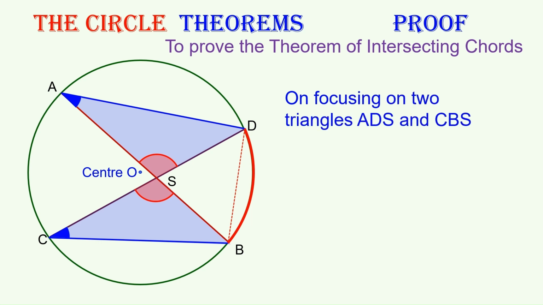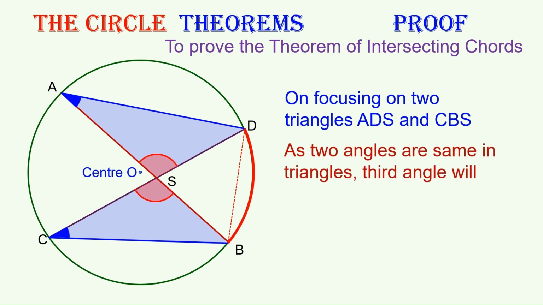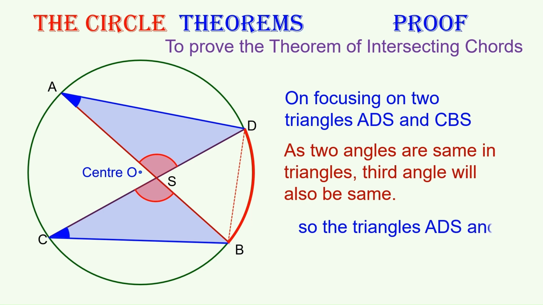Focusing on the two triangles ADS and CBS, as two angles are the same in the triangles, the third angle will also be the same. So the triangles ADS and CBS are similar triangles.